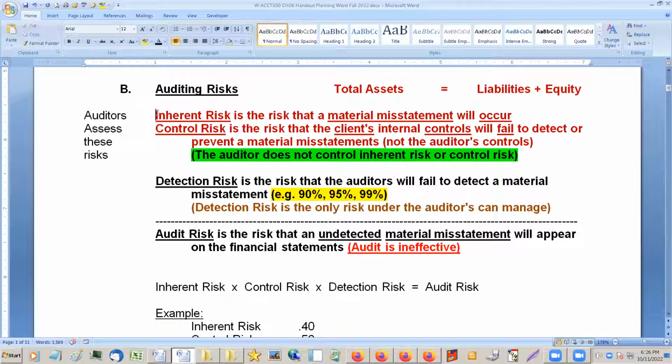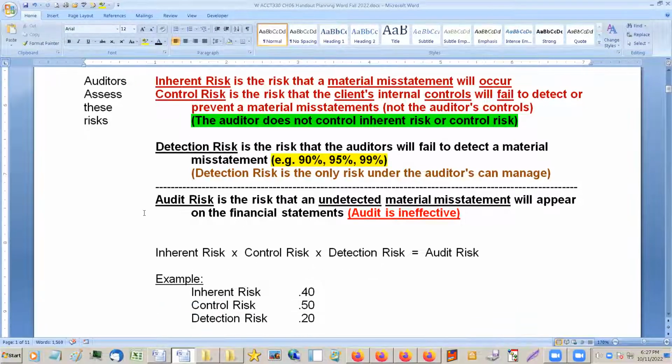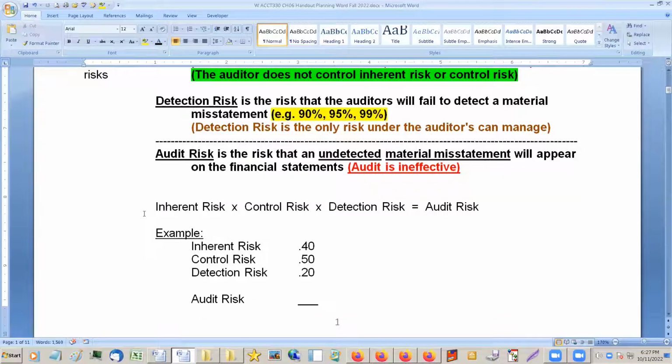So auditors assess these risks up here, these first two. Down here, we have some control over it. We control the detection risk, and then finally the audit risk, which is the risk that the audits are not effective. Undetected material misstatements are on the financial statements.